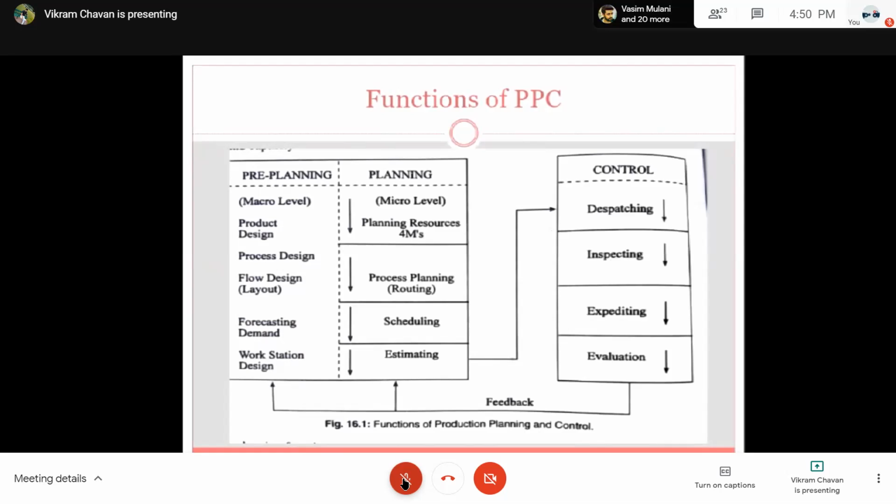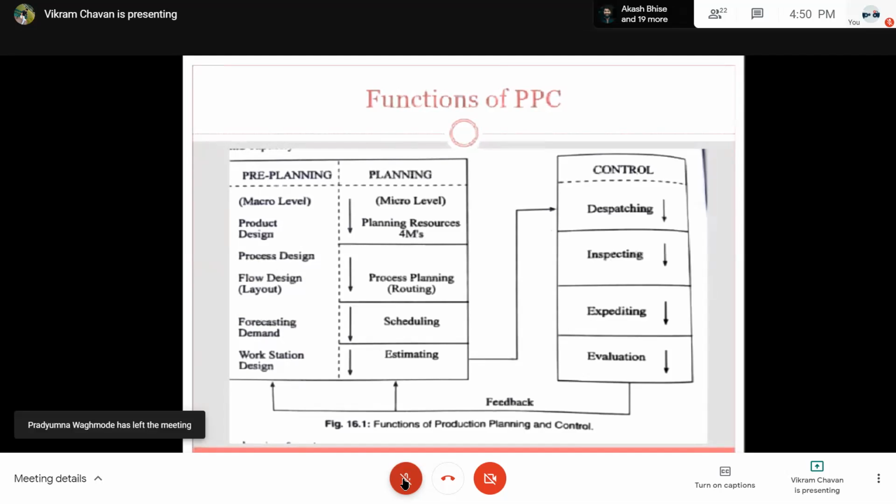The first one is material. What planning is required related to the material? Why is it required to plan the material? Because if there is any shortage of material, then it will interrupt the production.